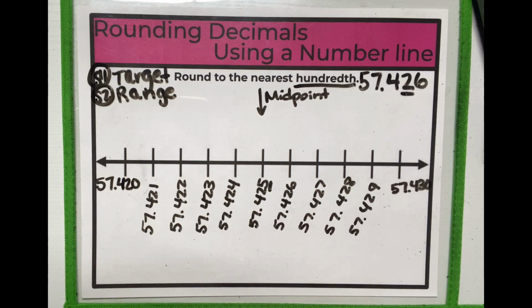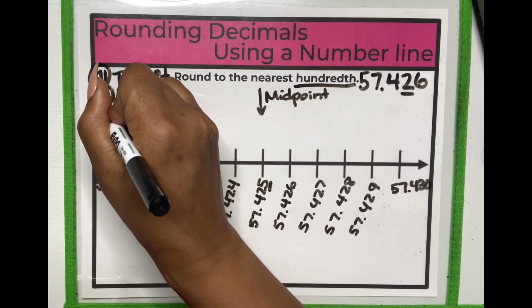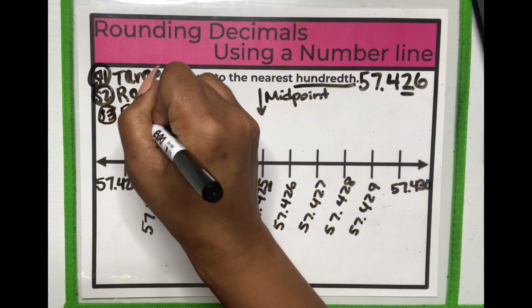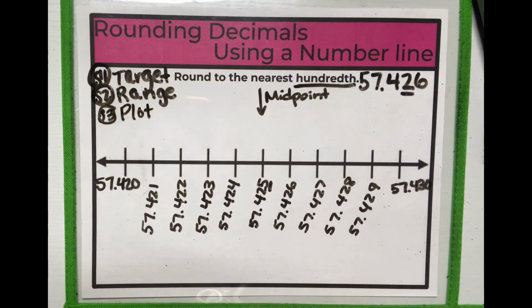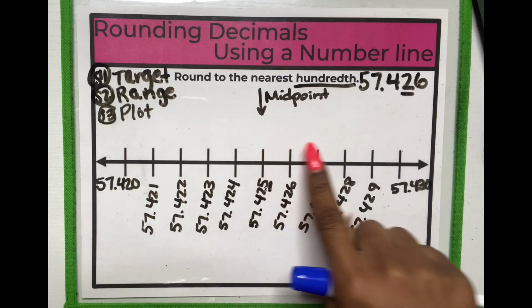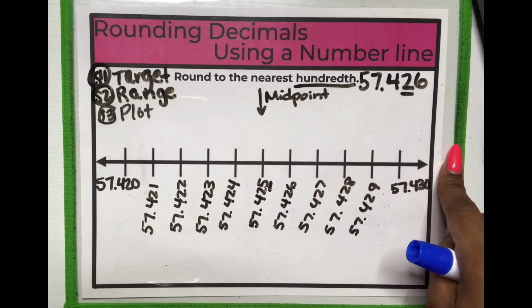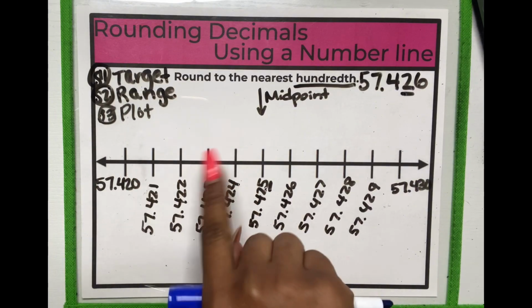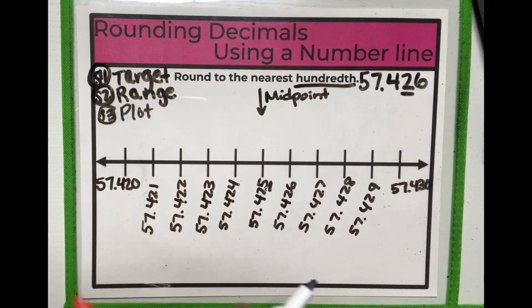Once you plot, determine if it is more or less or exactly at the midpoint. If it's at the midpoint or greater, you're going to round up. If it's below the midpoint, at 4, 3, 2, 1, or 0 thousandths, you're going to round down.